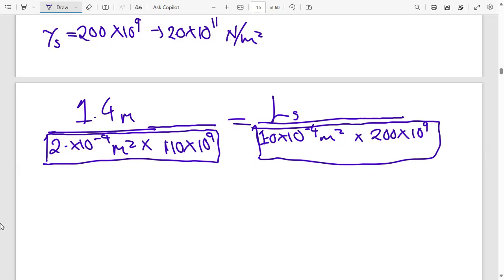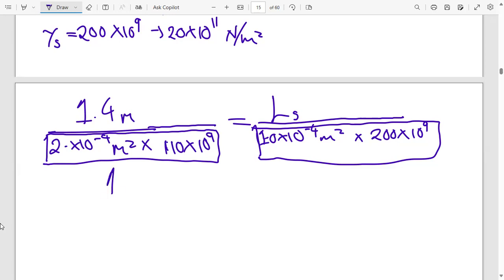So I have 2 times 10 to the power minus 4 multiplied by 110 times 10 to the power 9.